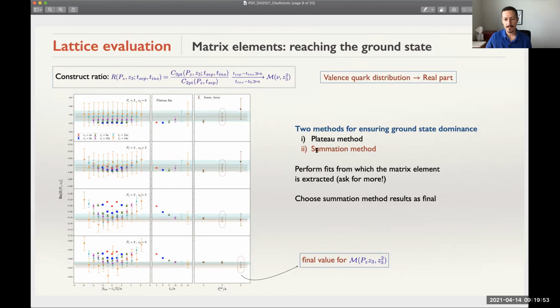Please feel free to ask more questions if you want, and I'll be happy to explain how we do these methods. But very briefly, we perform some kind of fits on this ratio, and with some criterion, we choose the final value of the matrix element for each momentum and displacement combination.